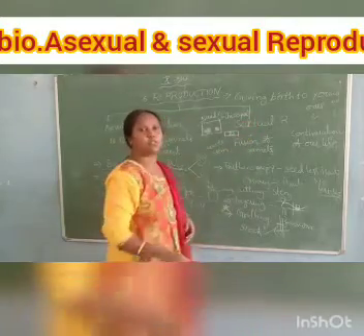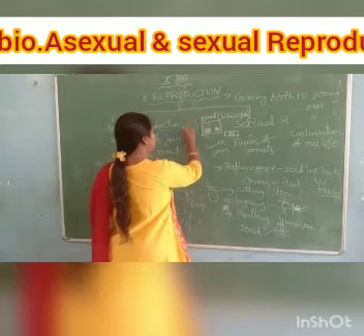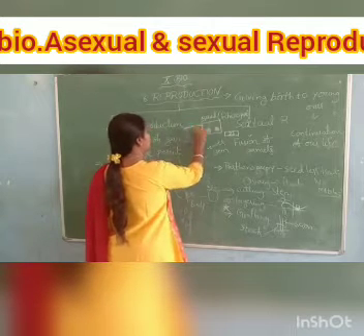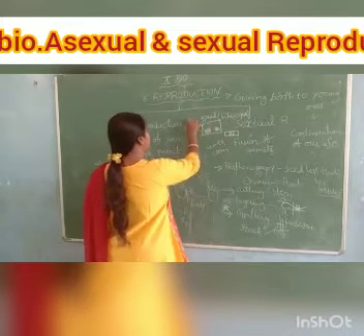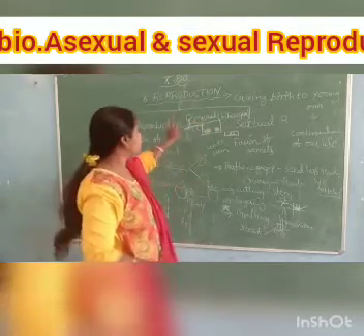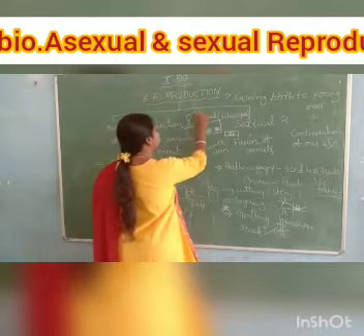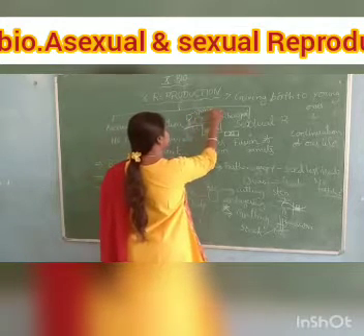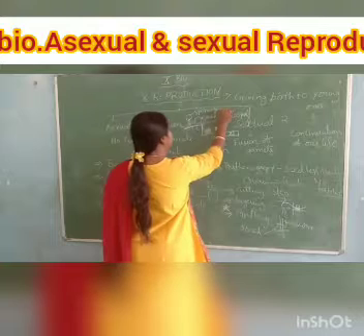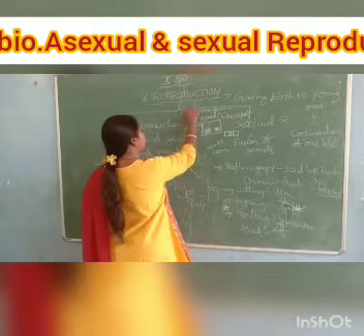Clear? If you observe Rhizopus, the structure is like this. These ball-like structures are called sporangium. This sporangium contains spores.